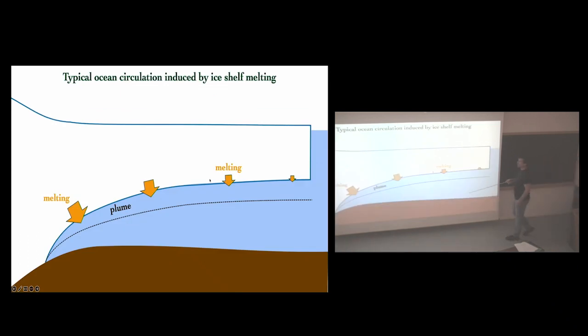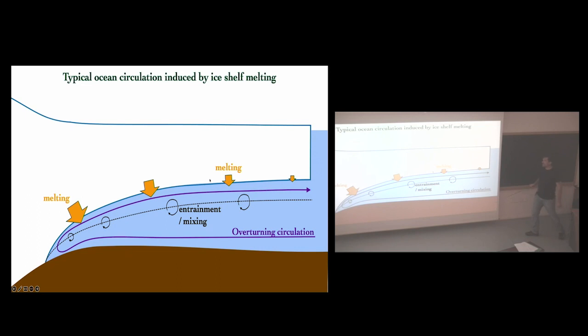Now about the circulation. If you put meltwater with zero salinity into water that is very salty, it will be very buoyant, and it will create a plume, a convective plume that will go all along the front like this. The properties of this plume are affected by melt rates and also by entrainment and mixing. This is a very important aspect of the plume.